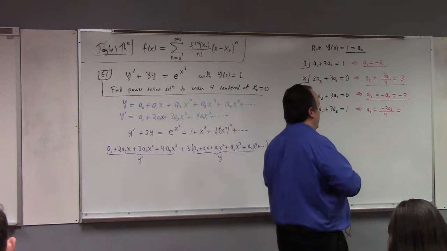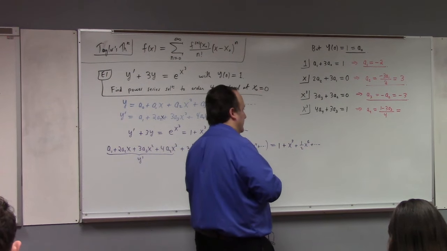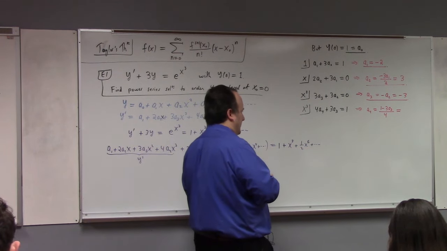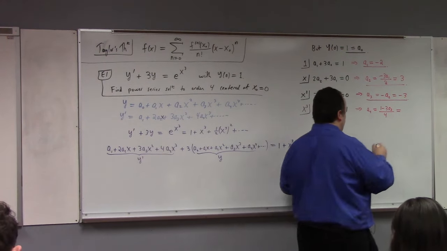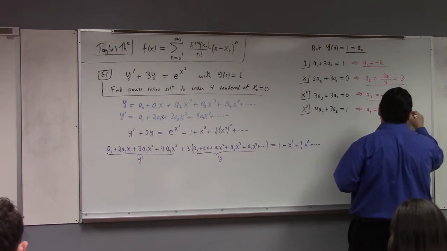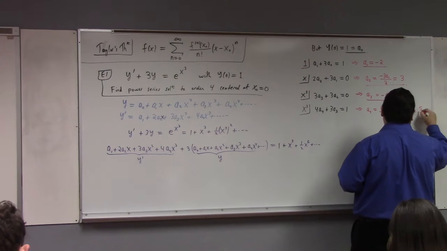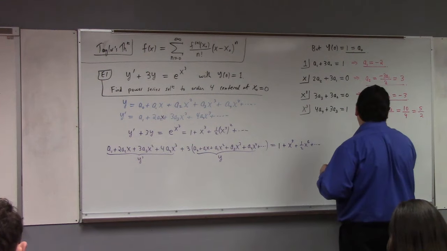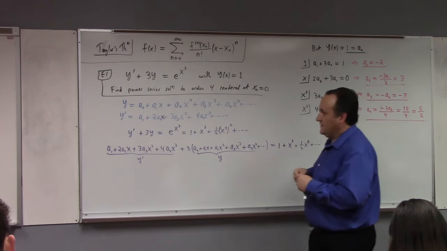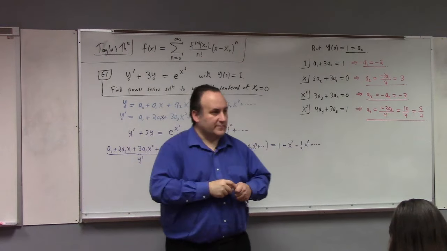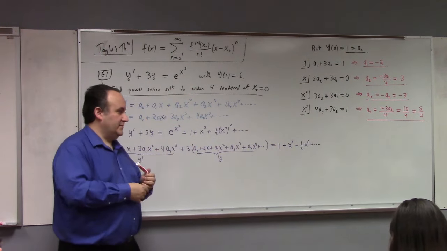Let's see here. a3 was -3, so that's 1 plus 9, which is 10. 10 over 4, also known as 5/2, right? And that's enough, because I just had to find it to order 4, right?